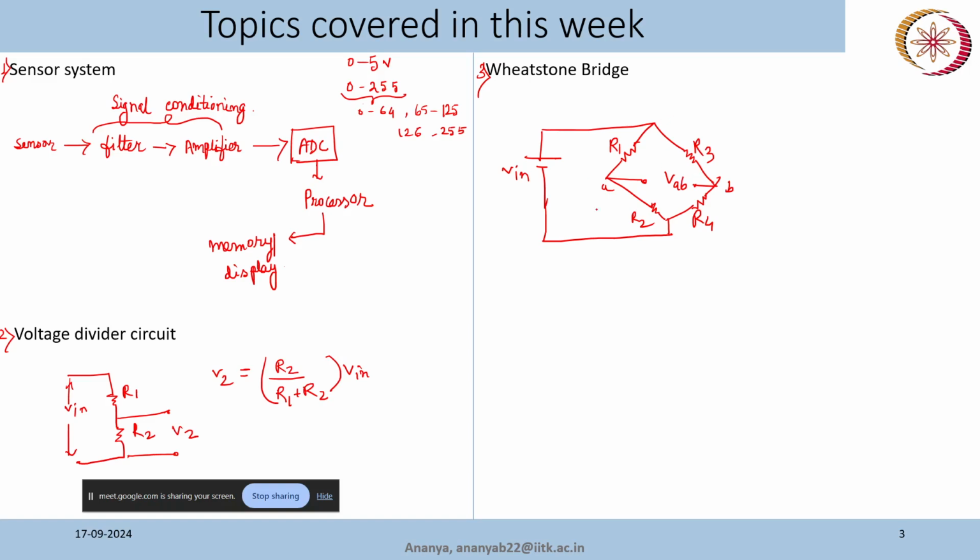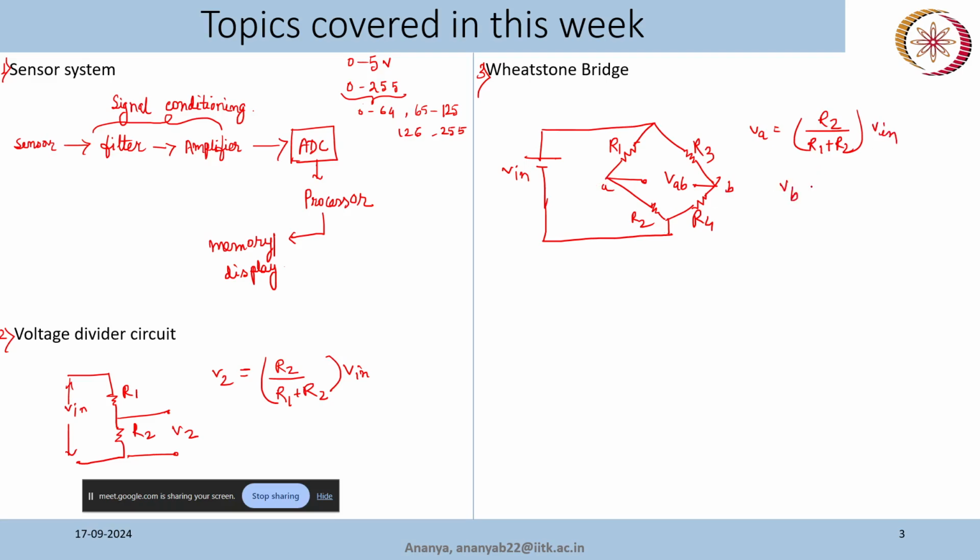So this is a Wheatstone bridge circuit, and we know from our previous knowledge that the bridge is balanced if R1 by R2 is equal to R3 by R4. So how can we get that? We use the voltage division rule again. The voltage at node A, VA, will be equal to R2 by R1 plus R2 into V in, because this V in is across R1 and R2.